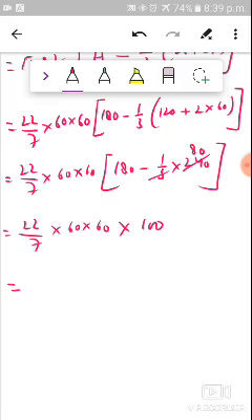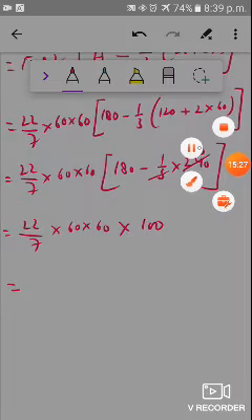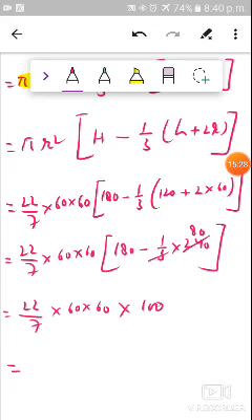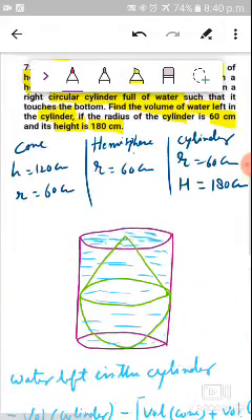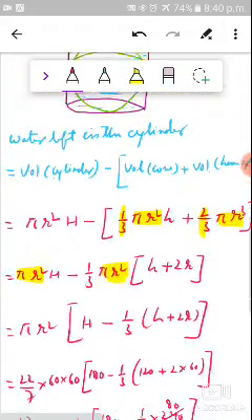Then we will get our answer, which is 1131428.57 centimeter cube.